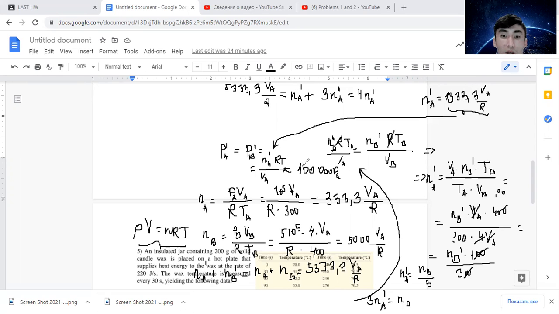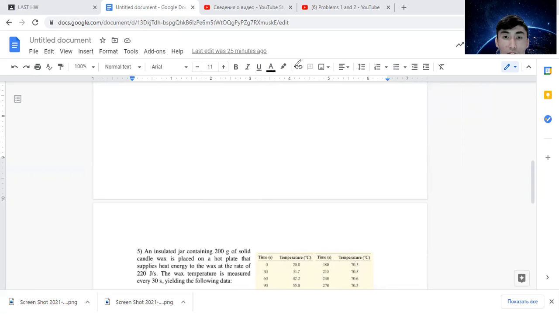So the answer for the fourth question is this. We found the pressure for the A container, it's equal to the pressure of the B container. So let's turn to the next question.